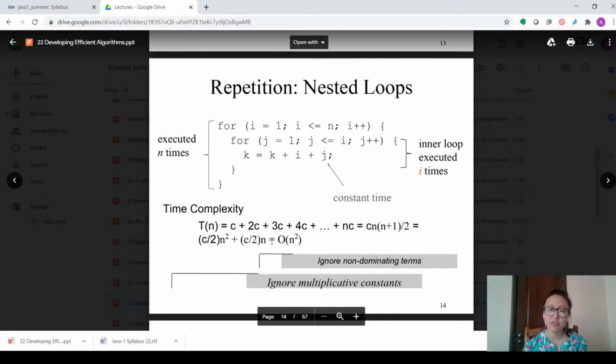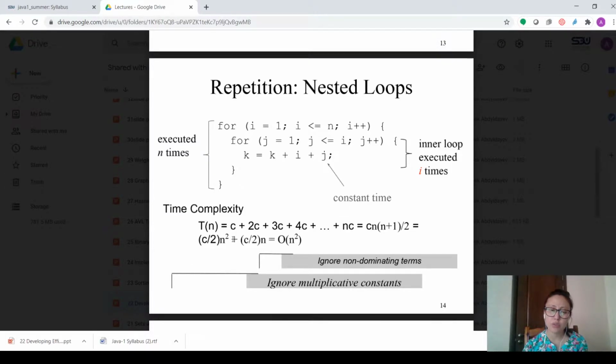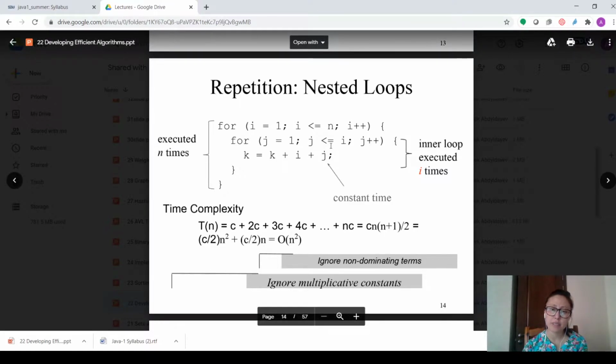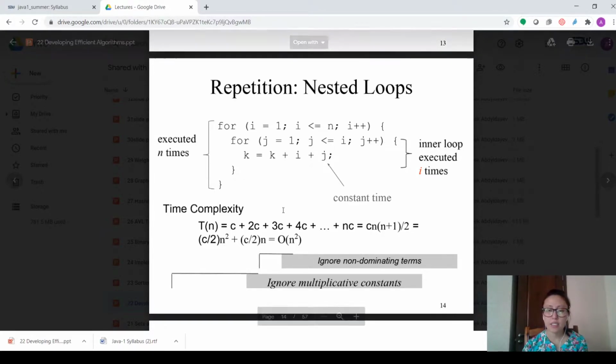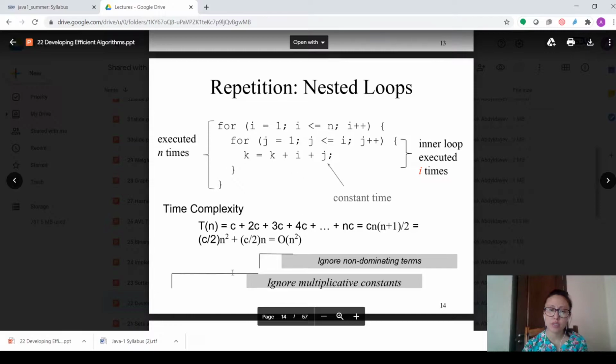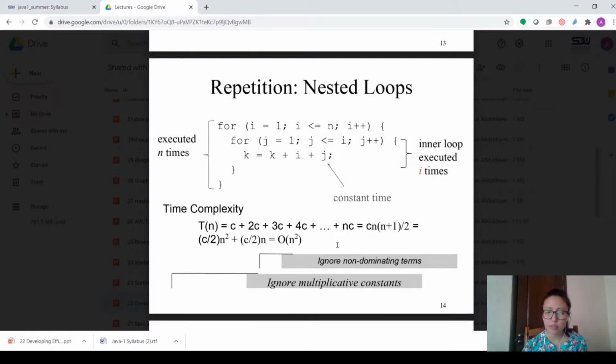When we simplify it, we understood that c over 2 will become some constant of n squared, which is O(n squared), and the lower term is less than n squared. Then the answer also will be n squared. It means that it doesn't depend how many times it is in the i. The worst case for this will be O(n squared).